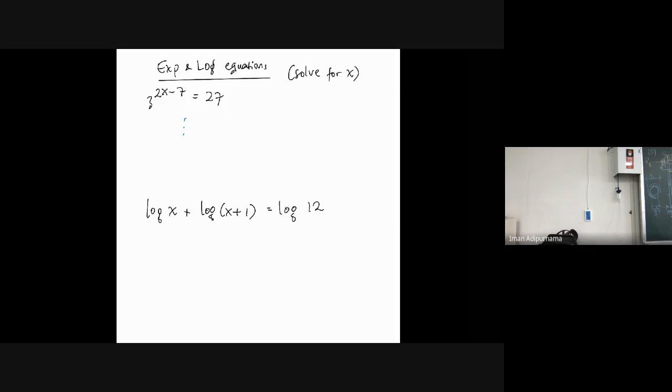How do you solve this? No, you don't need to change to log. Can you solve this one? I didn't write previously, so you need to figure it out yourself. Can you do it?